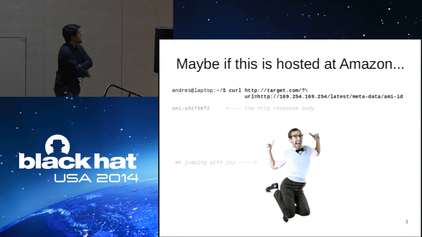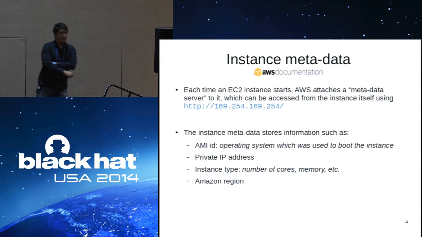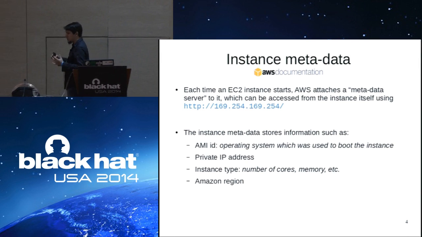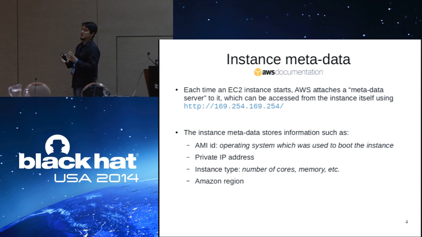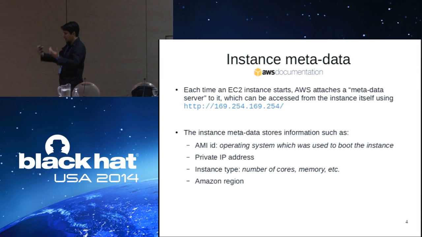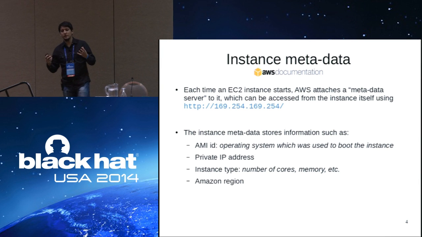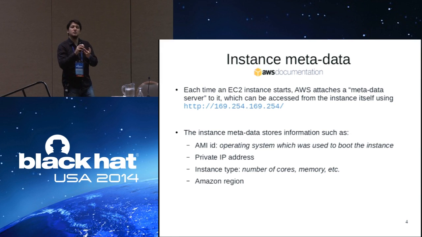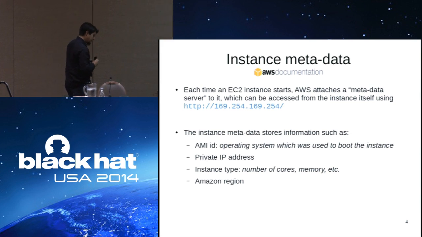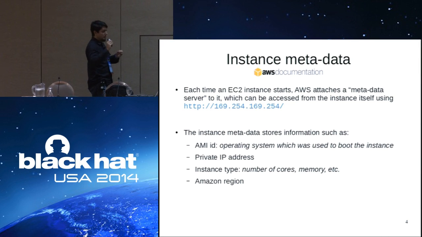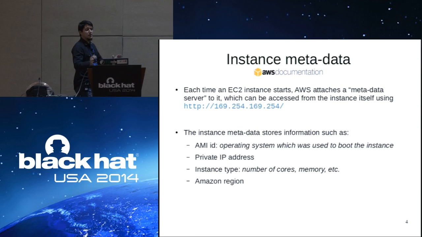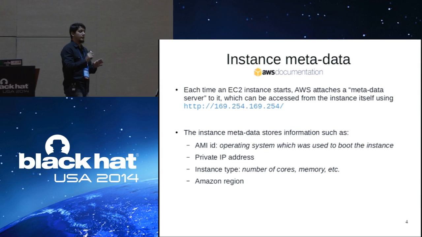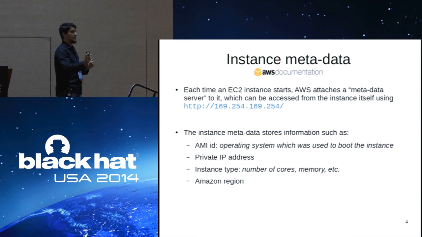So that IP address is the instance metadata. When you start any EC2 instance in Amazon, you're going to have an EC2 metadata server attached to that instance. It's simply going to be listening on that IP address, and each EC2 instance has that same IP address.